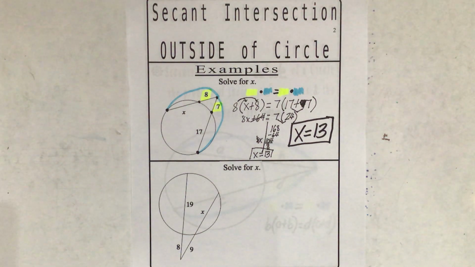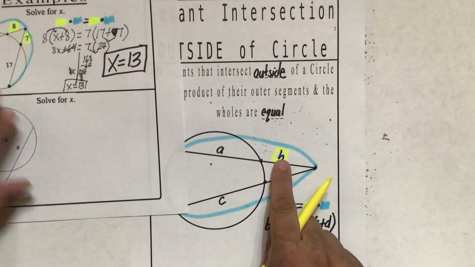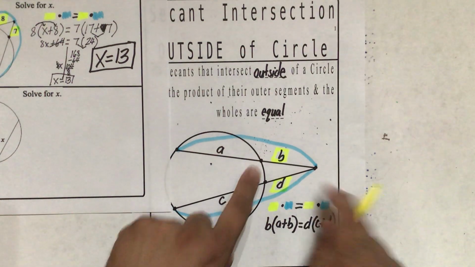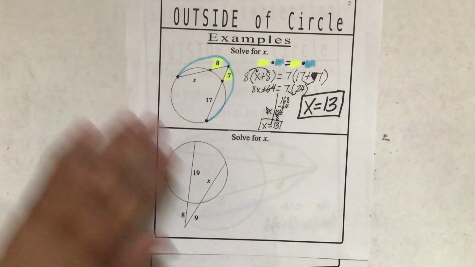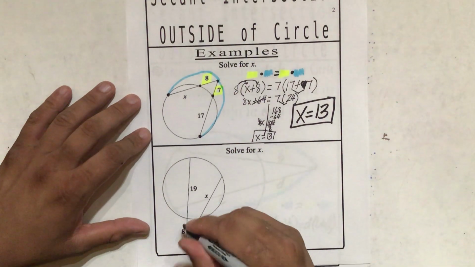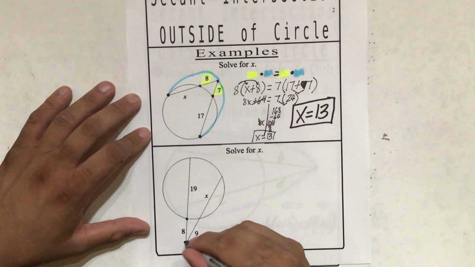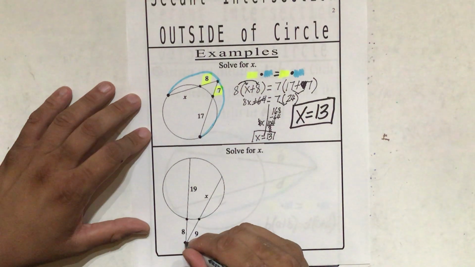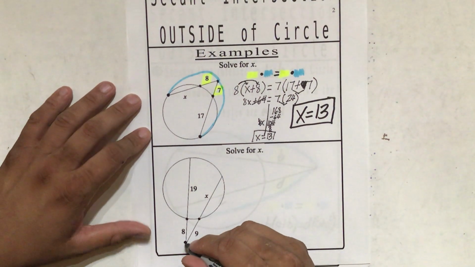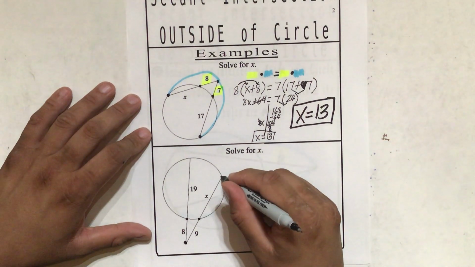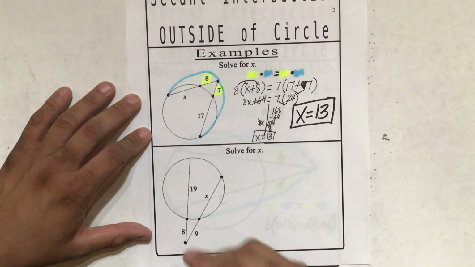Same steps. So our outside is in yellow for this next example. So from here to here is 8. From this point to this point is 9. The whole thing is from this point all the way to that point. That's the entire secant.